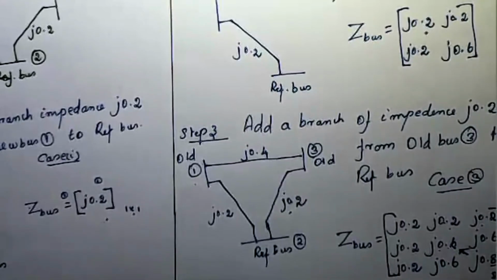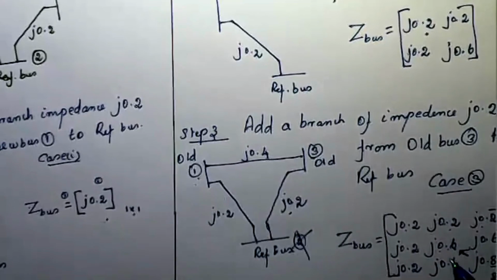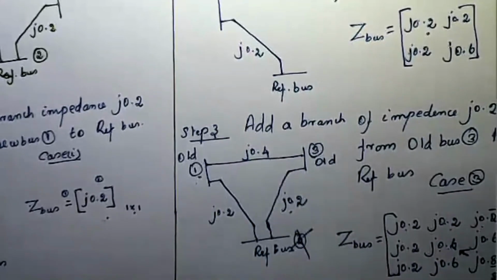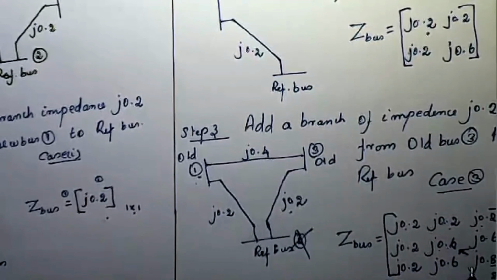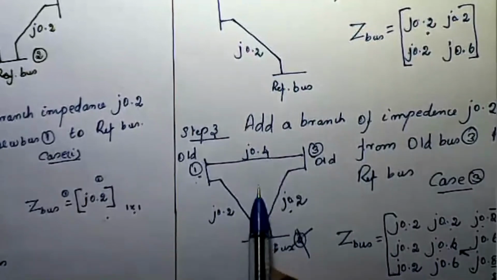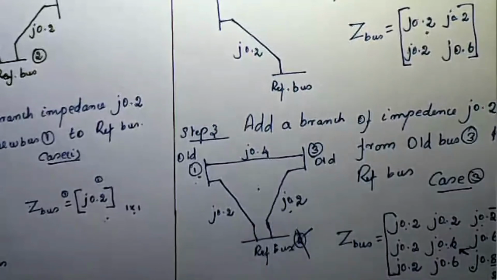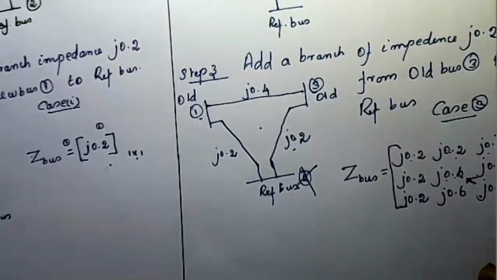This is a 3 by 3 matrix. Here the number of buses is 2, except the reference bus. So this matrix is not the original matrix for this system. Now the reduction is required.